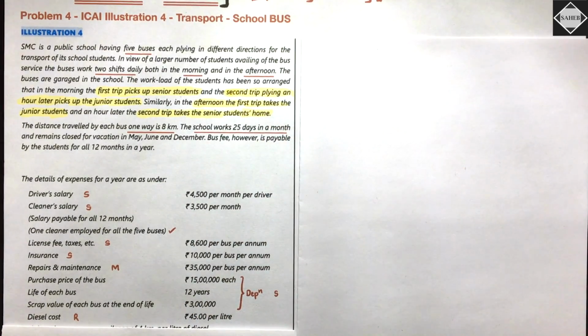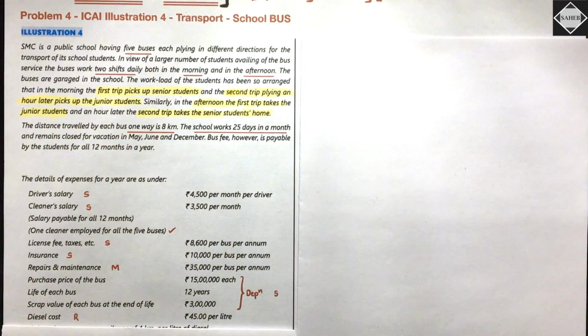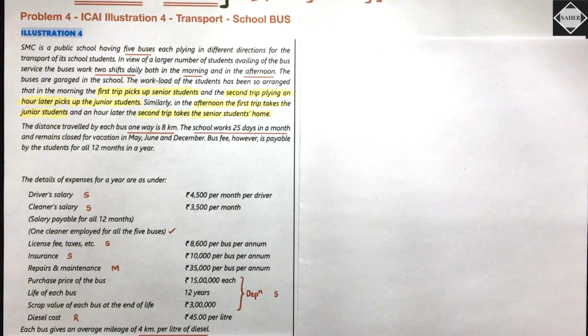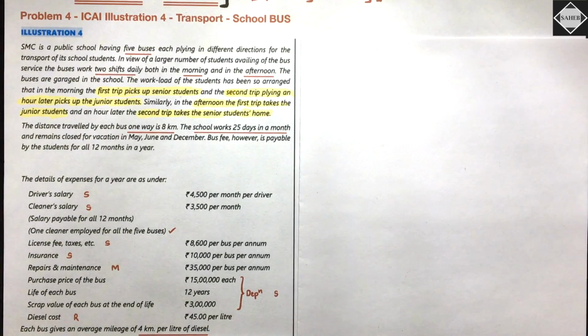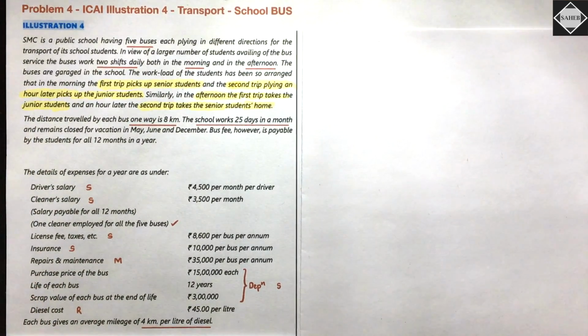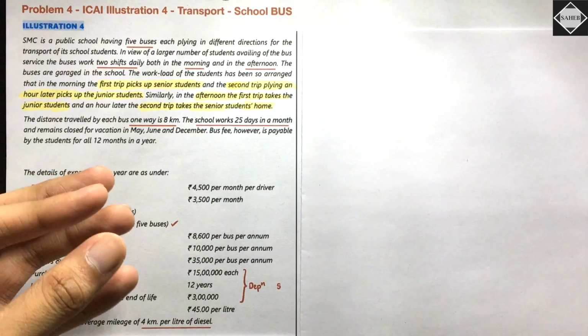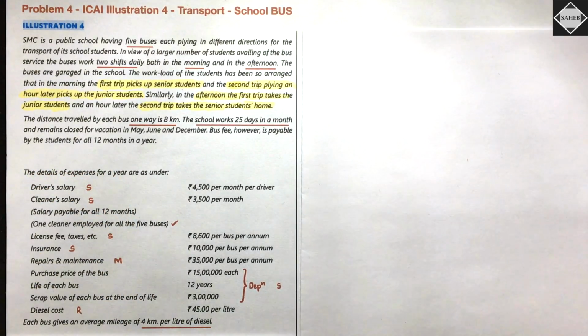So you can't say that you will calculate the diesel cost for 12 months. No, you will have to calculate the diesel cost for only 9 months. Okay, that's what you have to understand properly. So we'll easily do that. Each bus gives an average mileage of 4 km per liter of diesel they are saying, right? With per liter, the buses go 4 km. So how many kilometers have we gone? We have to calculate that, right? Kilometers traveled. Okay, so we'll do that easily.